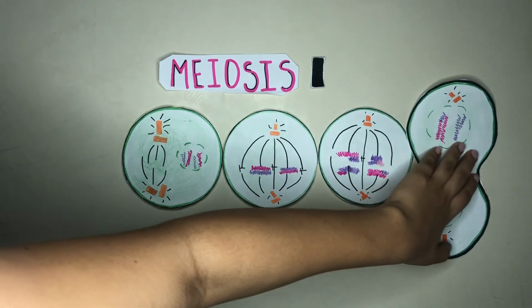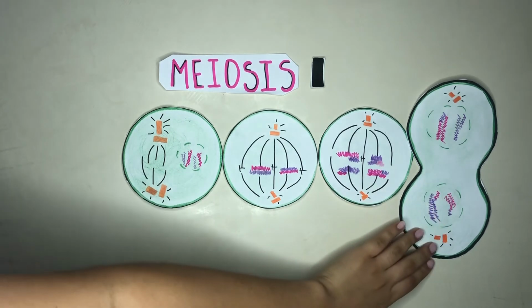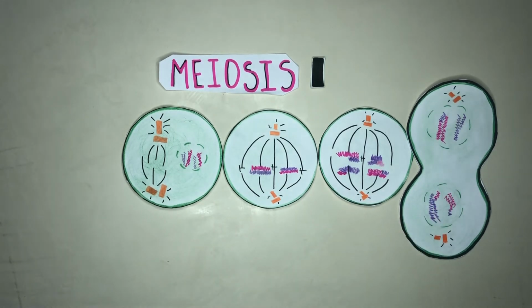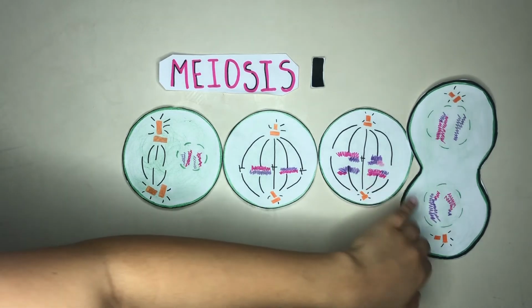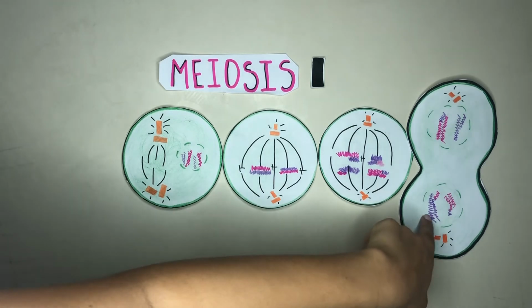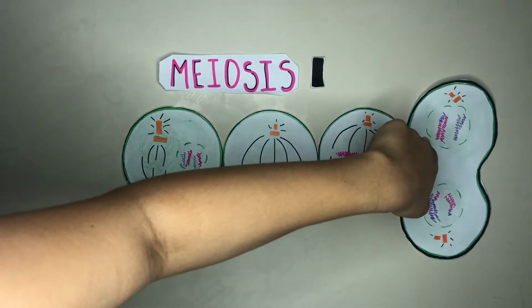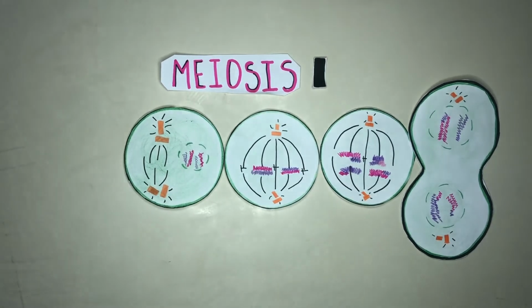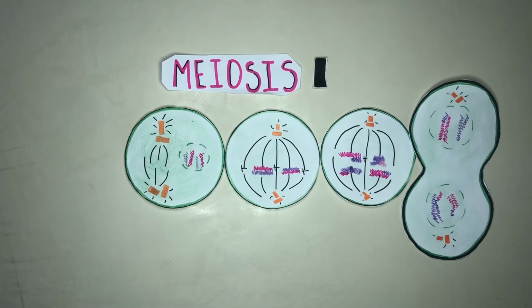This telophase is a haploid cell where each chromosome has two sister chromatids. We can see two sister chromatids of the purple color and two sister chromatids of the pink color, in a simple way, but they are non-identical. So this basically is meiosis 1, and then we are going to have meiosis 2.